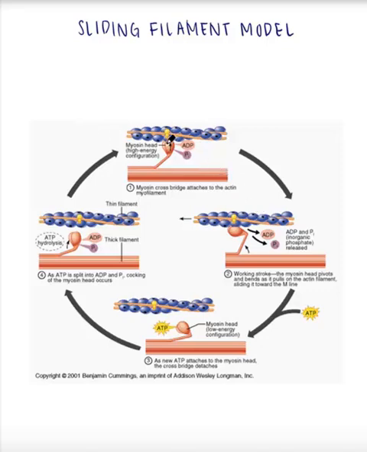You see here it's attached, and then it pulls it over this way. Then an ATP molecule comes in and allows it to let go of the actin filament, and then it breaks down, allowing it to go back to the ready state to reattach to another site. Then it just repeats all over again: pull, let go, attach to a new site, pull, let go.